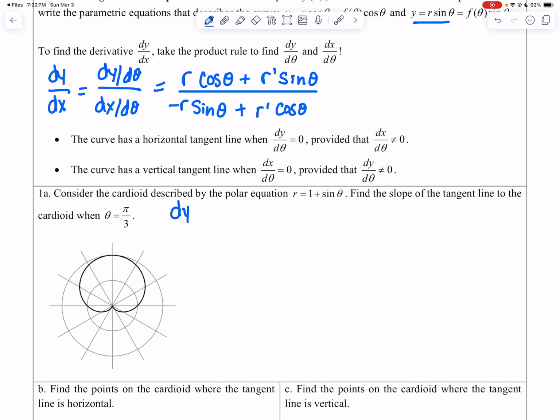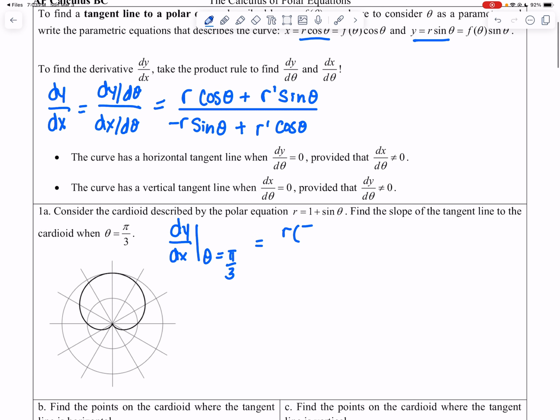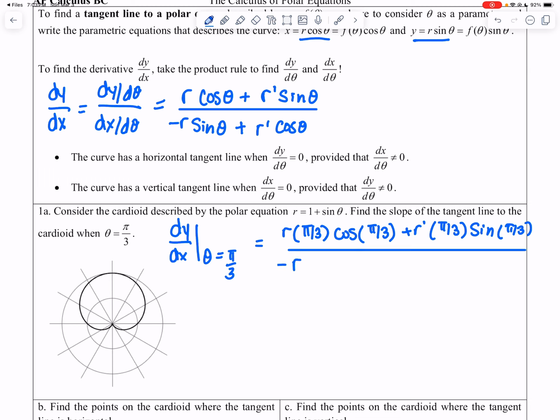So dy dx at theta is equal to pi over 3 will be r of pi over 3 cosine pi over 3 plus r prime pi over 3 sine pi over 3, all over negative r of pi over 3 sine pi over 3 plus r prime pi over 3 cosine pi over 3.